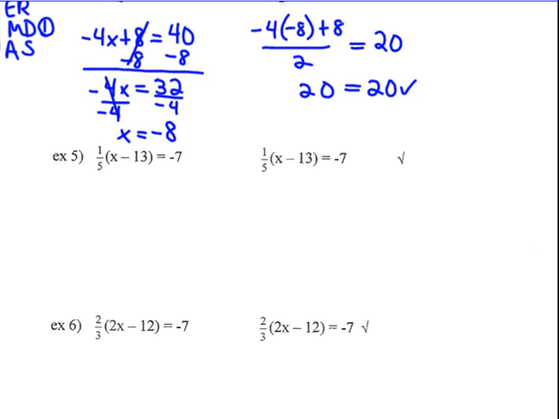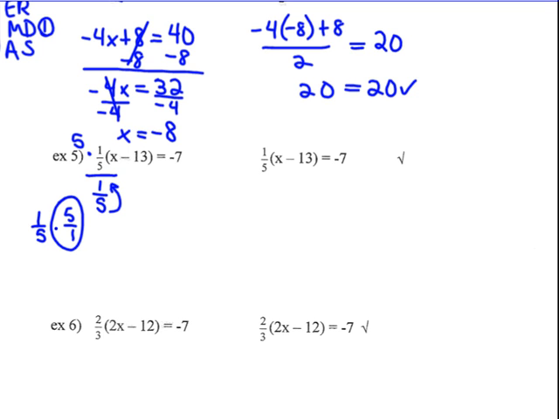I'm going to do the opposite of multiplying by 1/5, which is multiplying by 5. Because the opposite of multiplying by 1/5 would be dividing by 1/5. We don't divide by fractions, we multiply by the multiplicative inverse: keep it, change it, flip it over. It's like multiplying by 5.